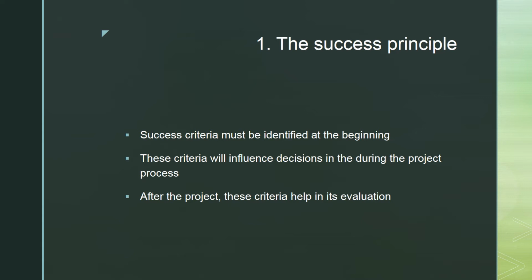So the first thing that's important within the success principle. And the second point is these criteria, i.e., the success criteria, will influence decisions in and during the project process. The decisions you will make during the project process are not just decisions for the sake of decisions.